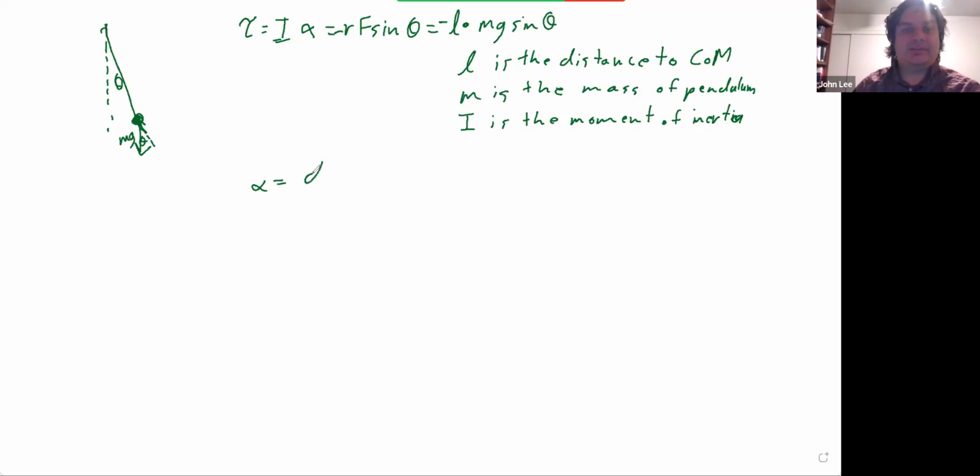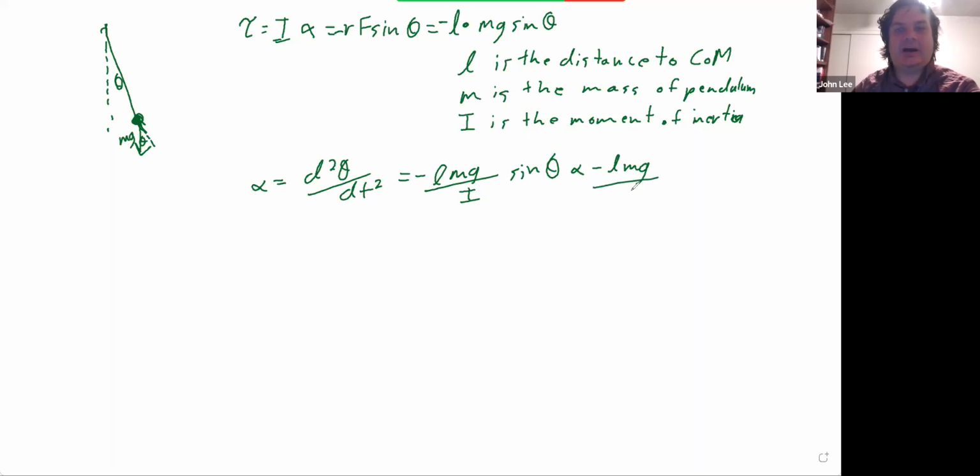So alpha equals d squared theta dt squared, which is equal to negative L mg over I times sine theta, which is approximately equal to negative L mg over I times theta.